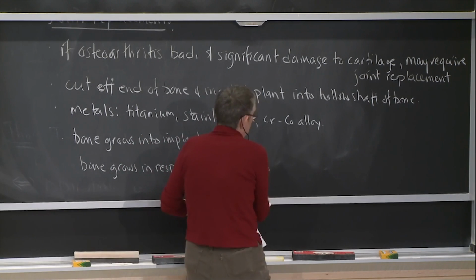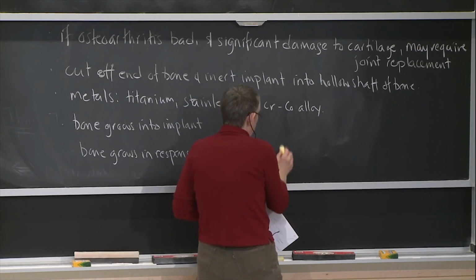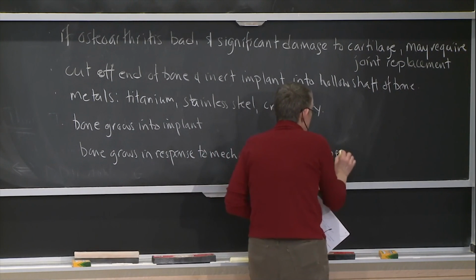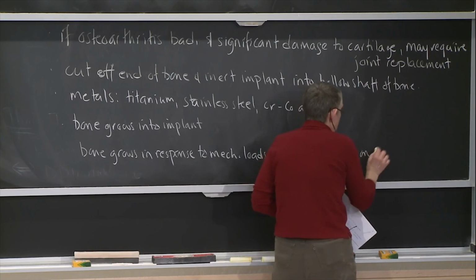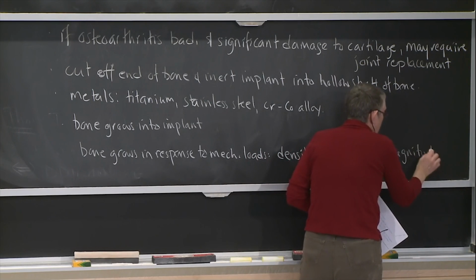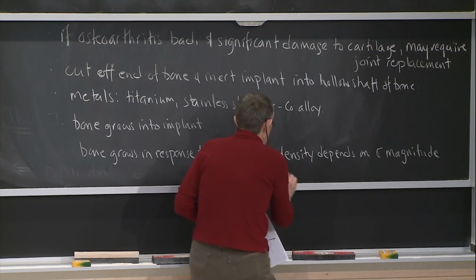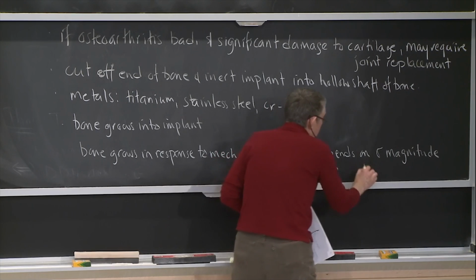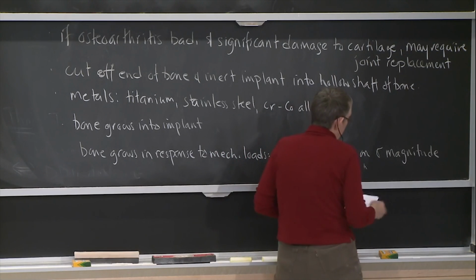So the density of the bone depends on the magnitude of the stresses. And the orientation of the bone depends on the principal stresses.